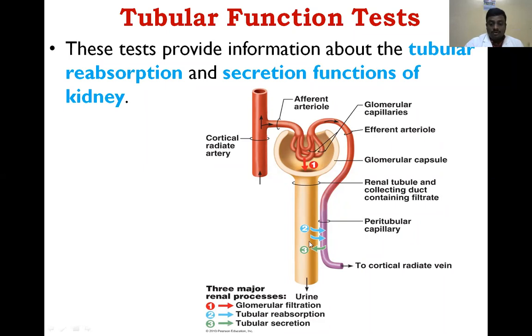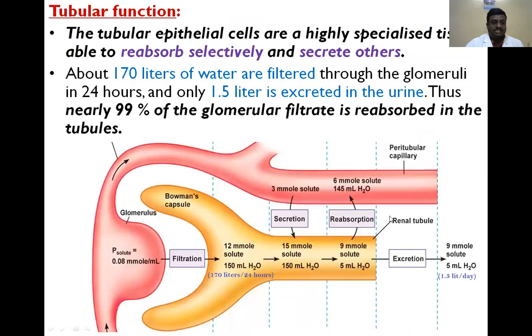So in these tubules, we know what functions are taking place: reabsorption and secretion. So we are doing experiments. About 170 liters of water are filtered through the glomeruli in 24 hours.